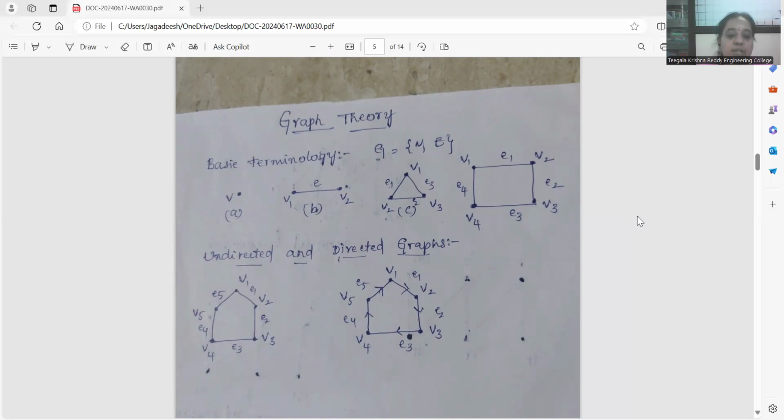And here from graph A, we have represented an isolated graph, which consists of only one vertex, which is particularly called an isolated vertex. So that is a graph.